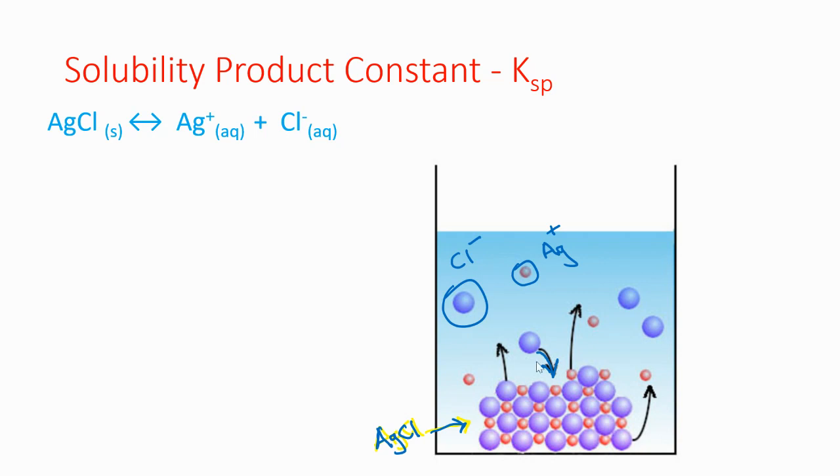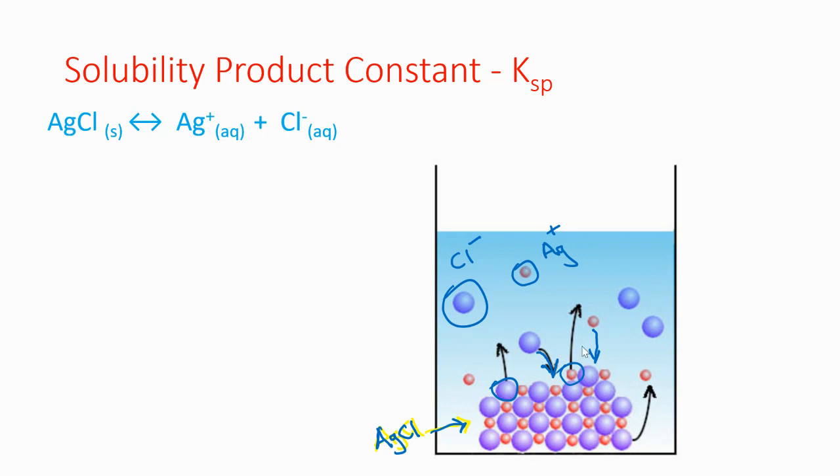It's becoming part of the solid once again. But on the other hand, I have another Cl minus ion that is leaving that crystal lattice structure and going into a dissolved state. Likewise, I have here an Ag plus ion that is leaving the solid state and going into a dissolved state. And maybe at the same time, this Ag plus is also rejoining the solid. So it's a constant back and forth.